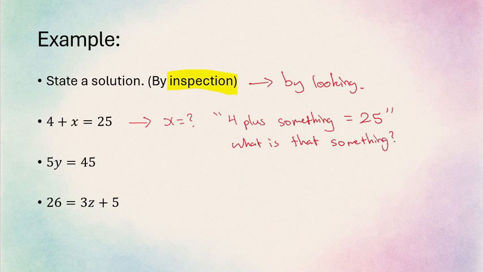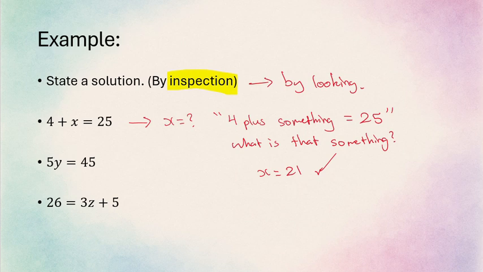And then you could just pretty much figure it out. It's like, oh okay, I know that 4 plus 21 equals 25. So I'm going to say x equals 21. That's all you need to do. So that's the correct answer there, and you're just going to apply the same logic with every question that you see.